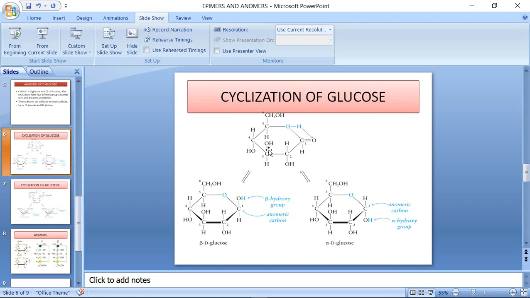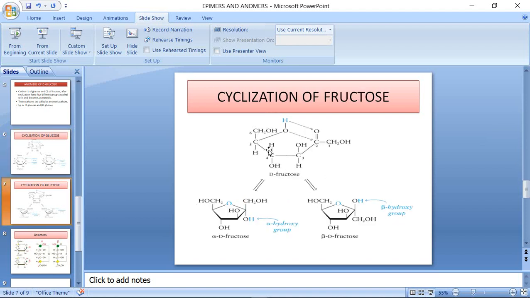Whereas if you check for the fructose, here the keto group is present in the second position, C double bond O group, which condenses with the alcoholic group OH group on the fifth carbon to form a hemiketal ring.